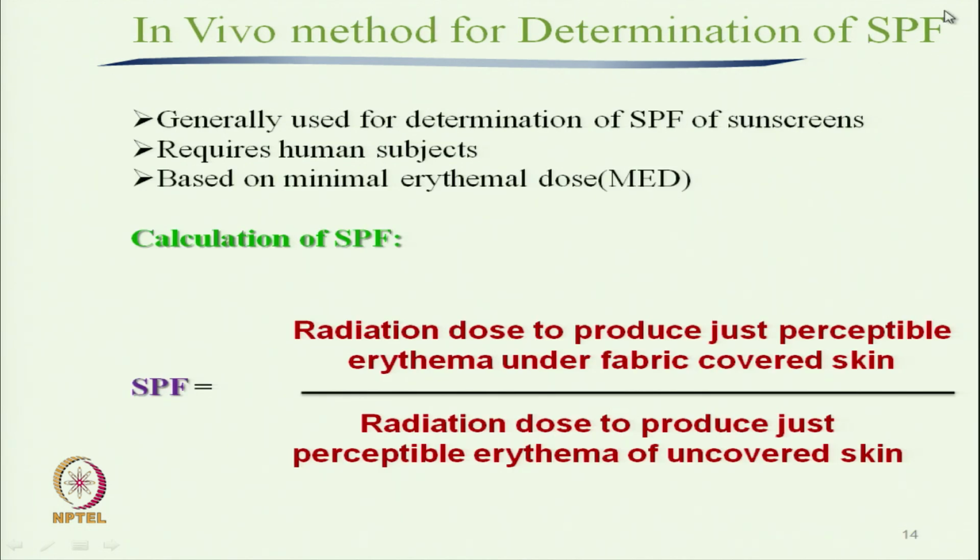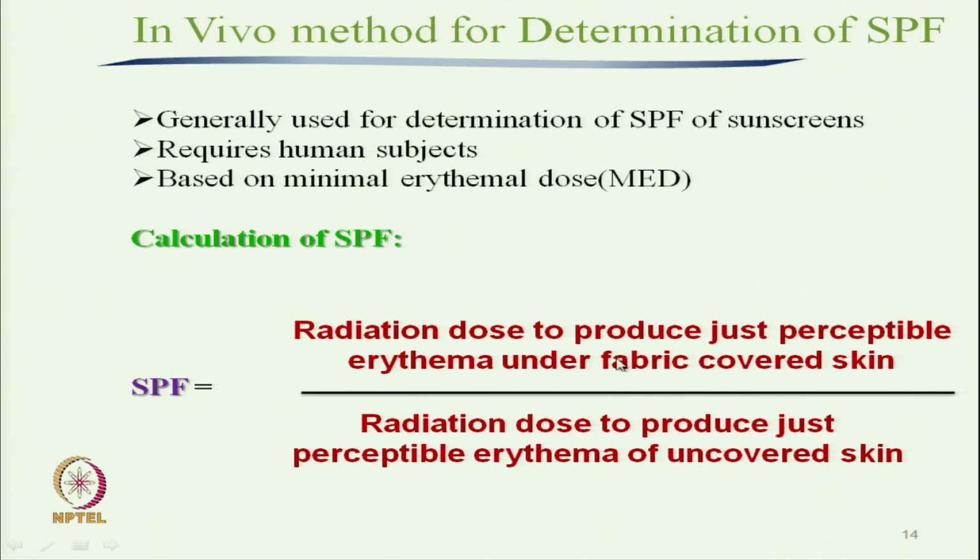SPF measurement needs the human object, because we have to see the skin reaction. It is generally used to determine the SPF of sunscreen and requires human subjects, based on minimal erythemal dose, MED.